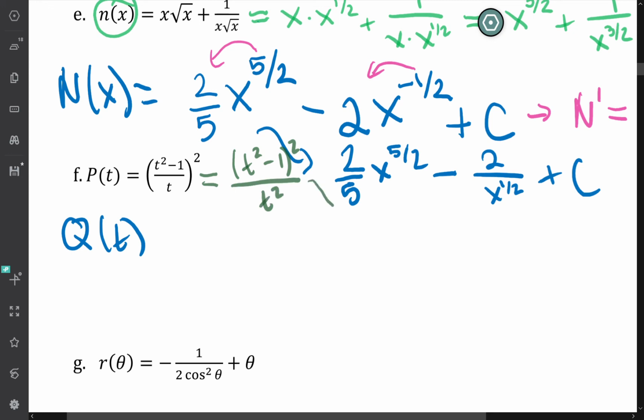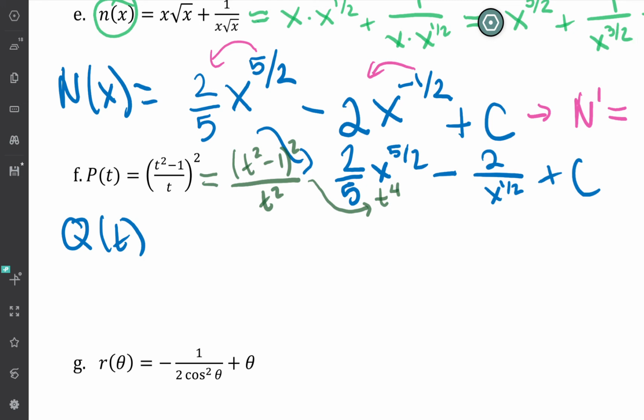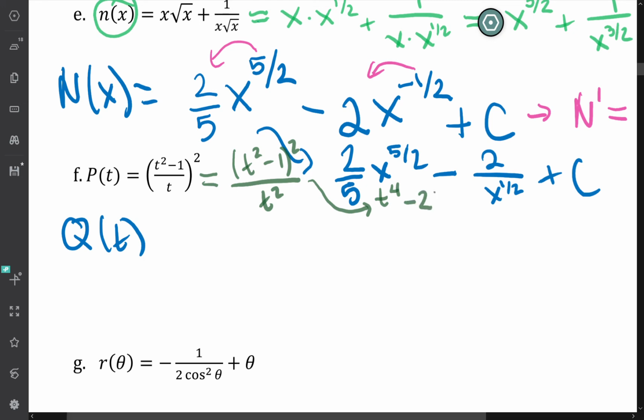Which means if we FOIL that out, remember you can't distribute the powers, it's not t to the 4th minus 1, you have to think about t squared minus 1 times t squared minus 1, so there is a t to the 4th, but there's also a negative t squared minus another t squared, so a negative 2t squared, and then there is a 1 in the mix, all over t squared.